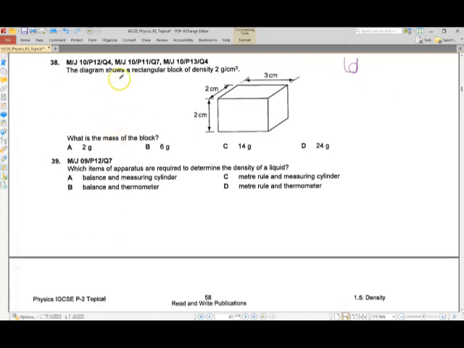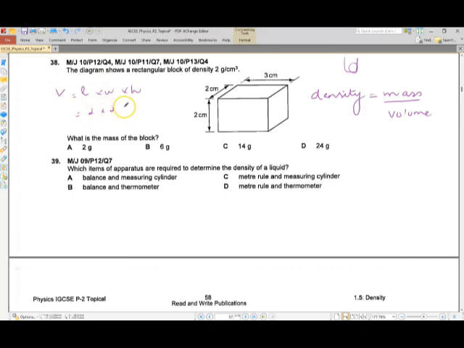Okay, question number 38. The diagram shows a rectangular block of density 2 grams per centimeter cubed. What is the mass of the block? We have been provided with the density. We have to find the mass, and for volume, we know that the volume is length times width times height.